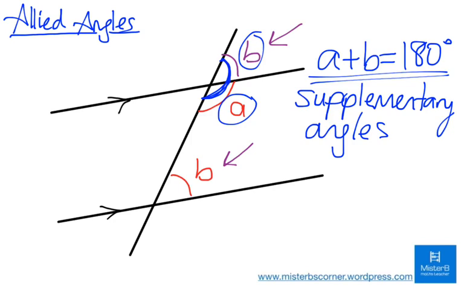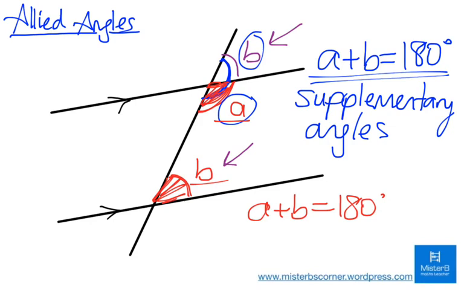What happens is, when we have this U shape and we have this angle, this one and this one, just because of this fact we just discussed, we will say that these two angles add up to 180 and they will have a new name, which is allied angles, right?